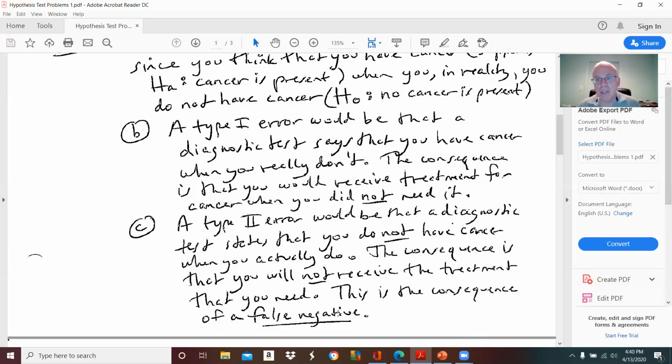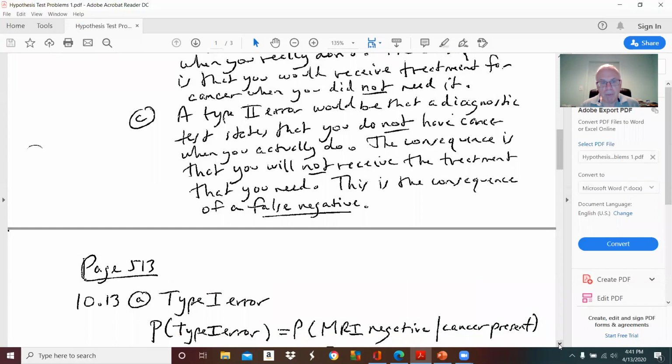Your test is saying that you don't have the cancer, and in reality, you do. That's obviously the type 2 error is much worse here, because you can end up dying, right? You can end up not receiving any treatment for cancer, and the cancer could grow from there and kill you. So that's called a false negative. All right, so this is examples of type 1 and type 2 errors in the context of a diagnostic test for disease.